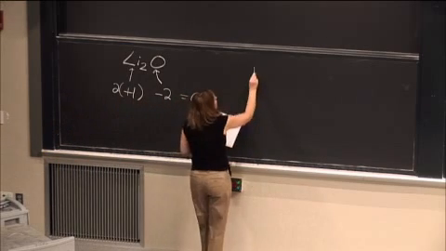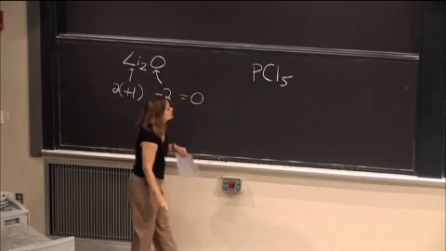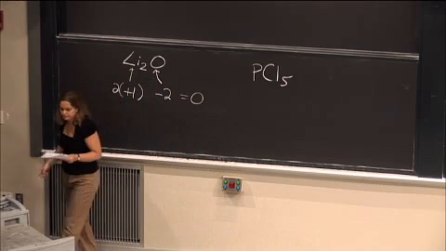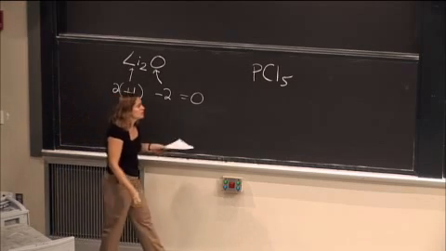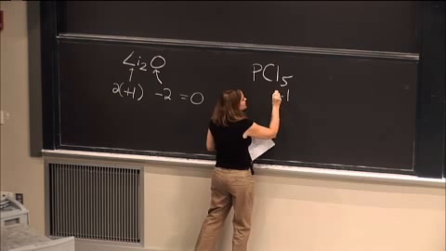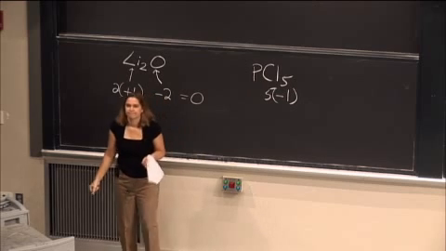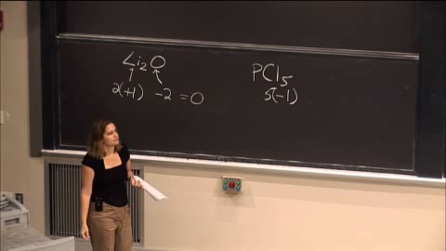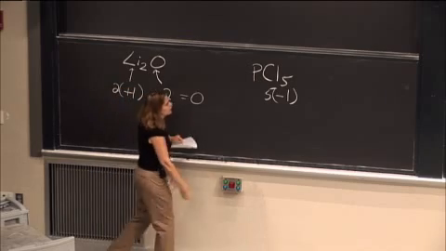All right, so let's look at PCl5. So what do we know about oxidation number of chloride? What are you guessing? -1. What's the exception to that? When it's with what? When it's with oxygen, it can be different. All right, so there are 5 of those.